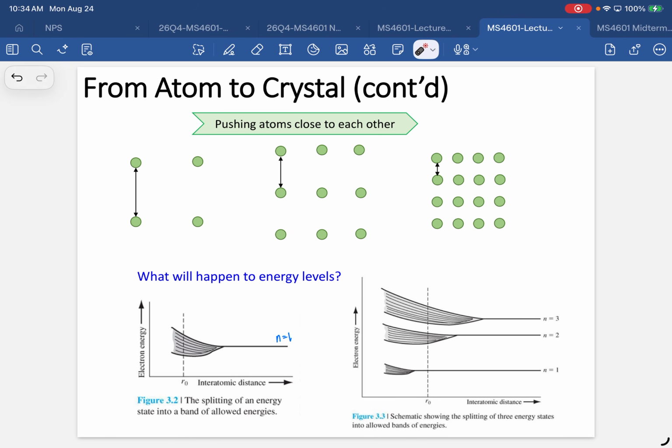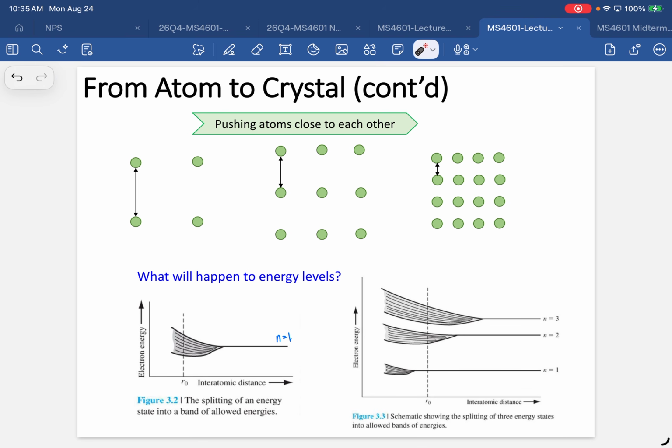As we bring atoms close to each other, the higher energy states start interacting first and show the energy level split. Then the next lower energy levels interact with each other and energy splitting happens, and for n equals 1, the energy splitting starts happening at a much closer distance.